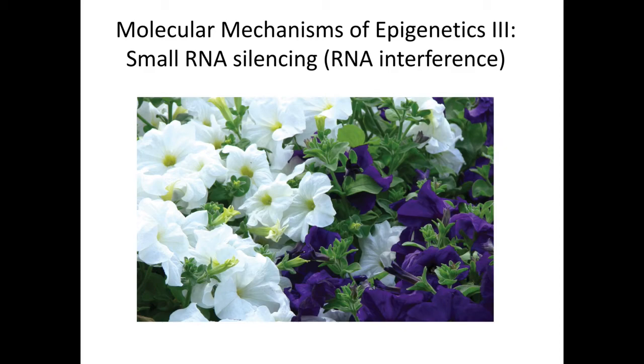And the last type of molecular mechanism of epigenetics that I'd like to discuss, so that last one was fairly brief, is a mode of inheritance based on what is called small RNAs. Now this was discovered in some ways originally in plants, because scientists, actually horticulturalists, who are constantly trying to develop new types of horticultural strains, identified a particular type of petunia that had very purple colored flowers.